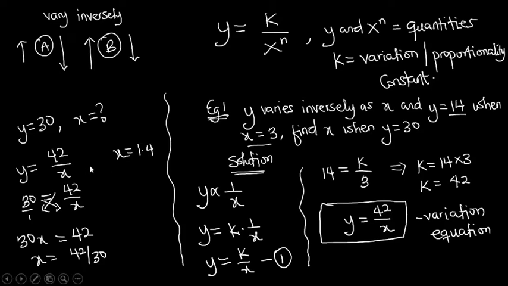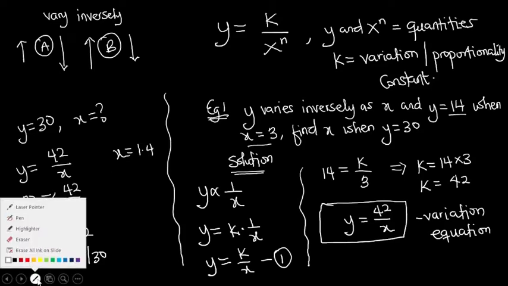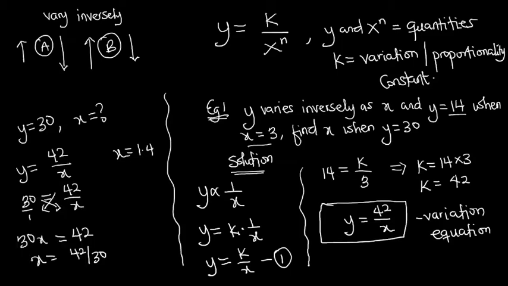Now let's note something. Let me use a different color to denote that. We can see that in the first instance, when y was 14, x was 3. So y was big over here, and x was small over here.